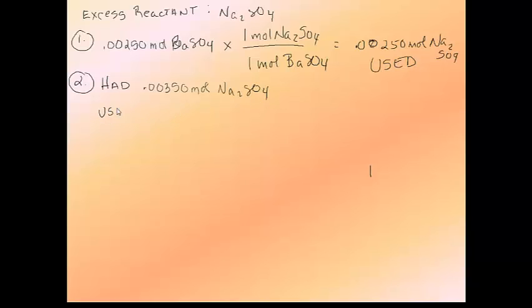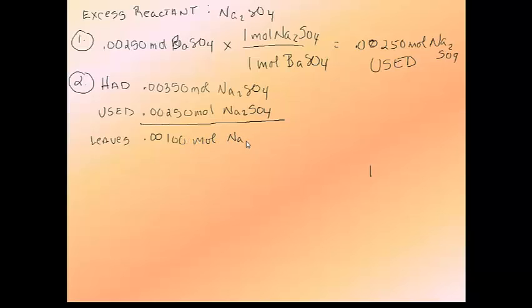I used 0.00250 moles of it to make the precipitate. The difference between those two numbers is 0.0010 moles, and that's the amount left over. That's the number of moles left over in the solution.